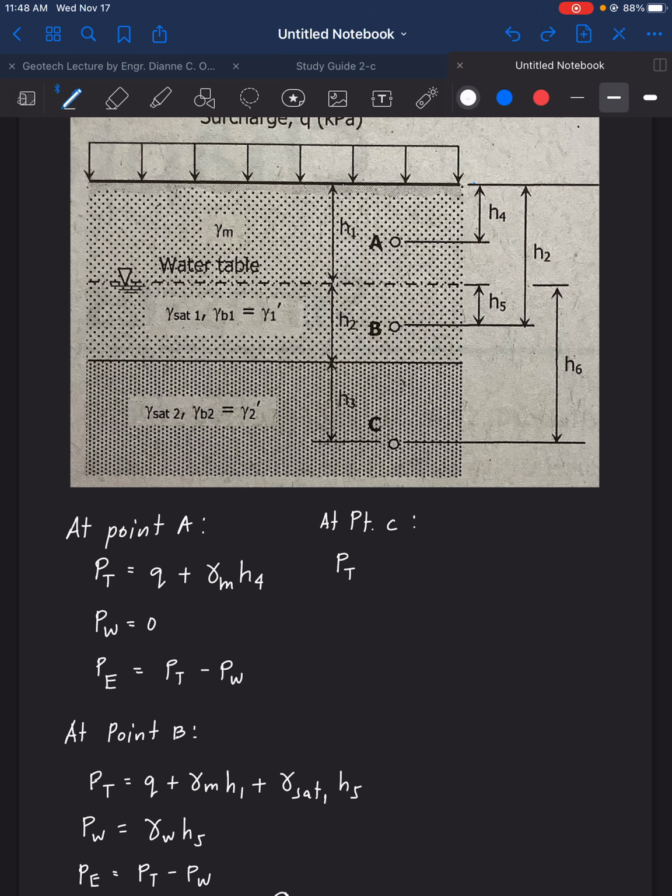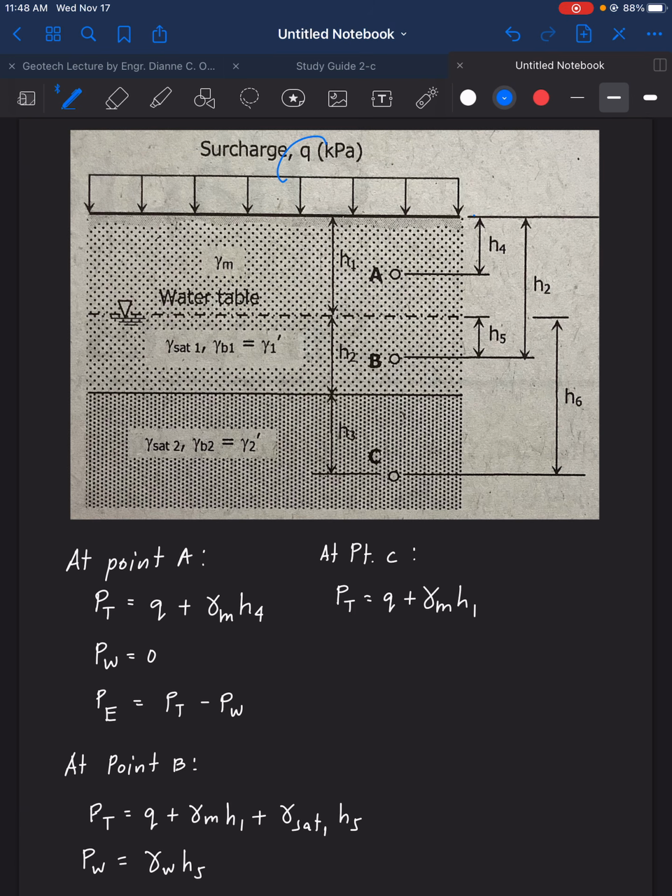Okay, so let's solve for P total. P total for point C is equal to Q plus gamma moist, the H4, H1. Okay, so what's happening here is Q, then at this portion, then at this portion, and later here. Okay, in order.